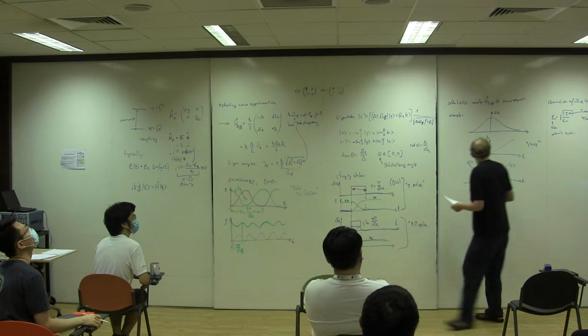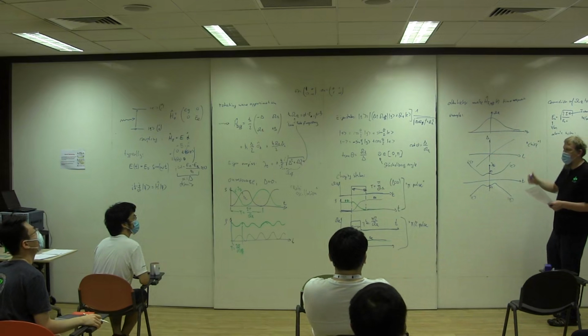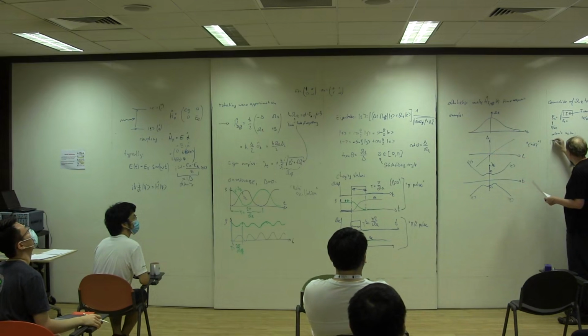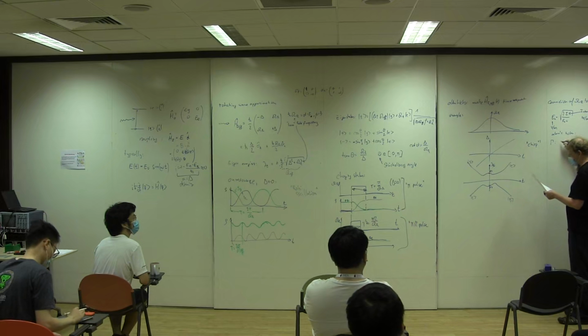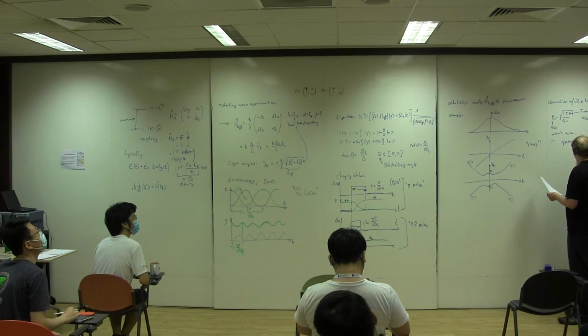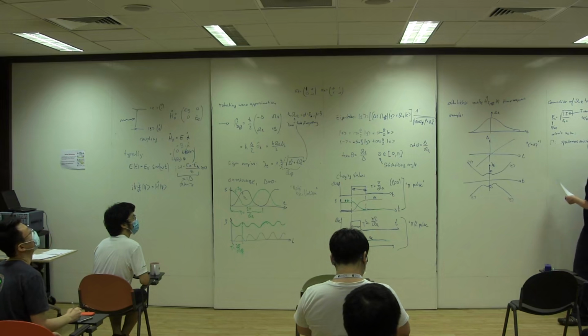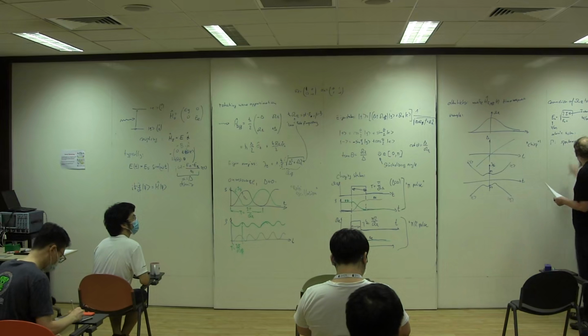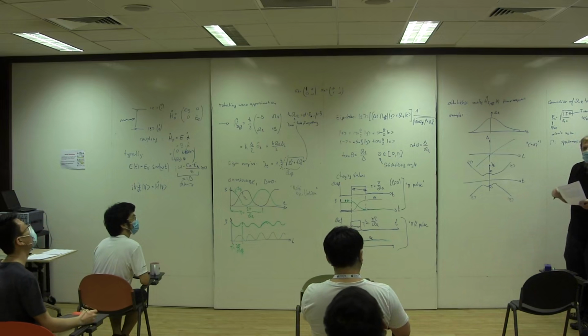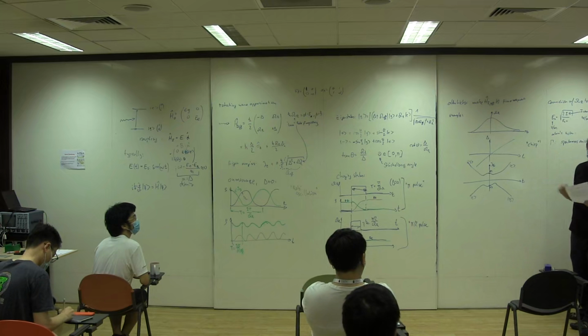Whenever there's a dipole coupling between the excited state and the ground state, you do have spontaneous emission, and there's a spontaneous emission rate, gamma spontaneous, from excited state to ground state. Not sure the camera can read this. Okay, so that's what you have.